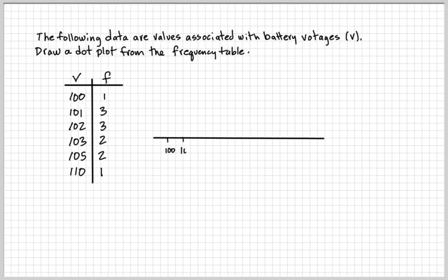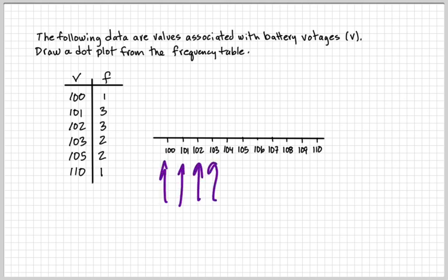This time, I'll draw my number line starting at 100. And you can also see that on every other line I wrote a number. I didn't squeeze it all the way in. I didn't say 100, 101, 102, 103. It just looks too tight. Do your best to make it more separated.